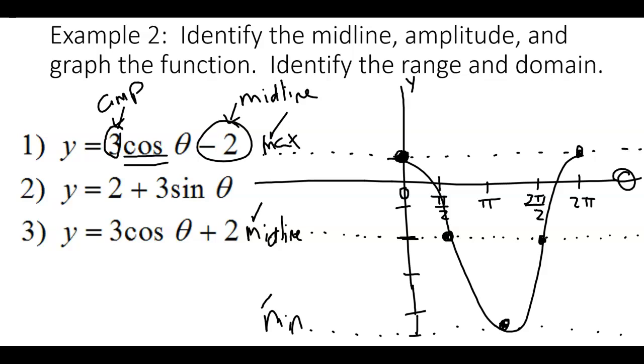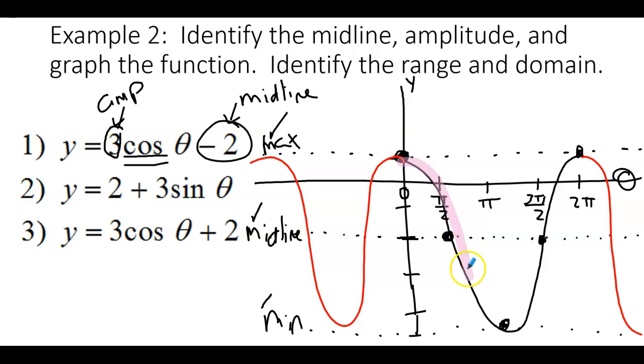Now I'm only going to be looking really picky at the first cycle of this, the first period, but technically, as you guys know, the graph does just keep going on after that. But when I'm grading these, I'm mainly just looking at this, making sure that your dots are in the right place, your midline and max is in the right place, and that you have the right angles labeled on your axis. So there's that.